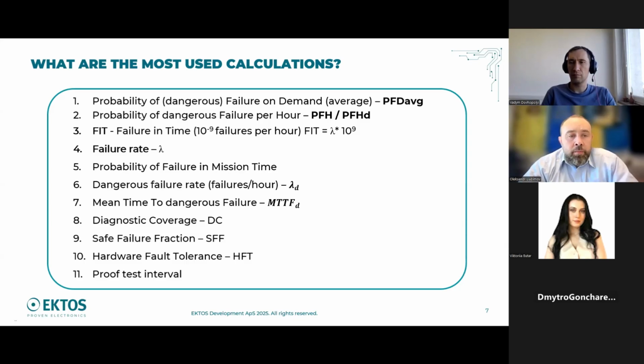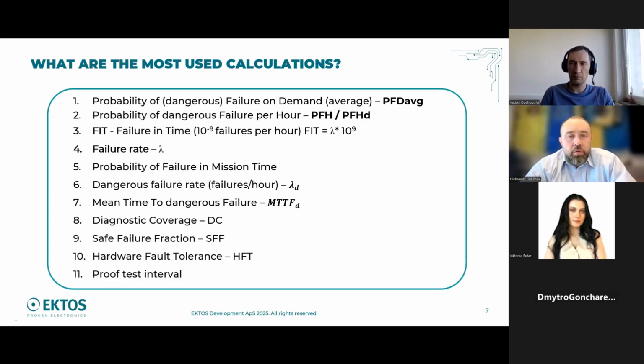Then we have the dangerous failure rate, meaning the number of failures per hour, mean time to dangerous failure, so-called MTTF, diagnostic coverage to understand what is good enough to diagnose, safe failure fraction, hardware fault tolerance, and also the so-called proof test interval, its duration or frequency.